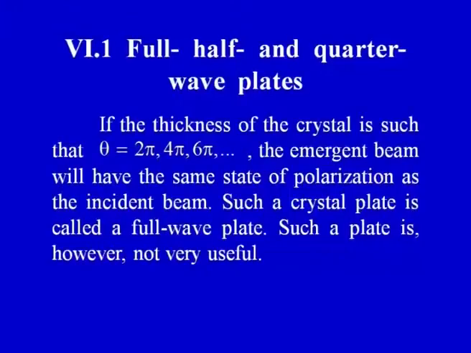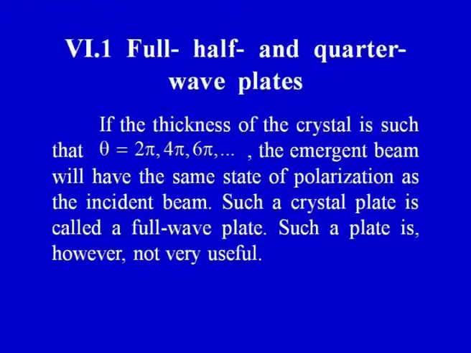Let us consider these full, half and quarter wave plates. Remember, we are talking about a crystal plate where the optic axis is in the plane of the crystal and the propagation is perpendicular to the optic axis and the incidence is normal under those conditions.